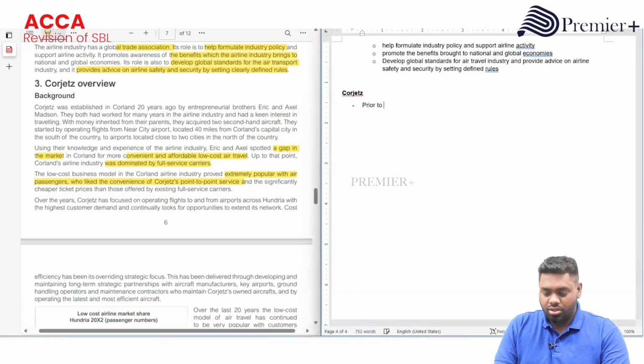So prior to CoJets, the market in Poland was dominated by full service carriers.